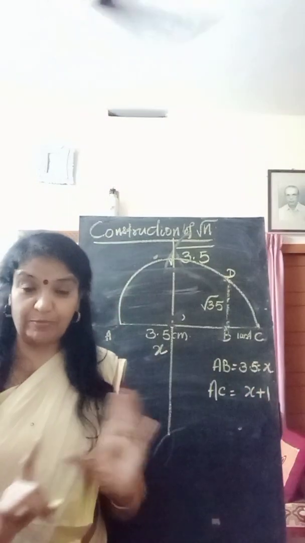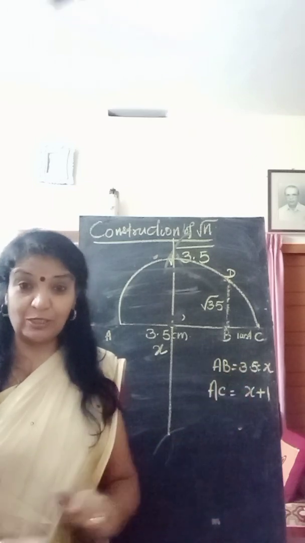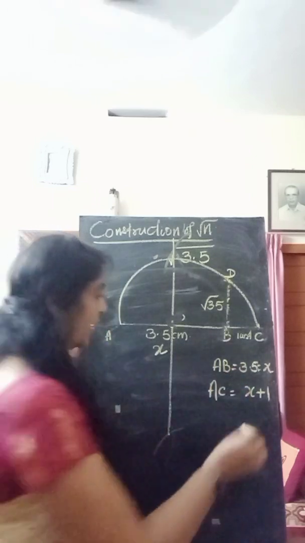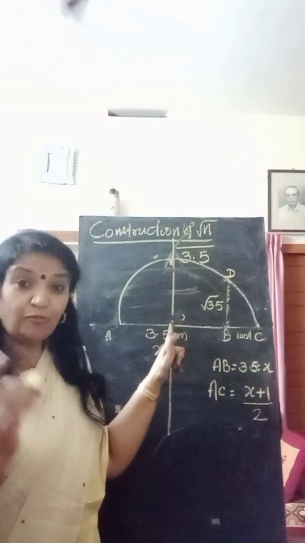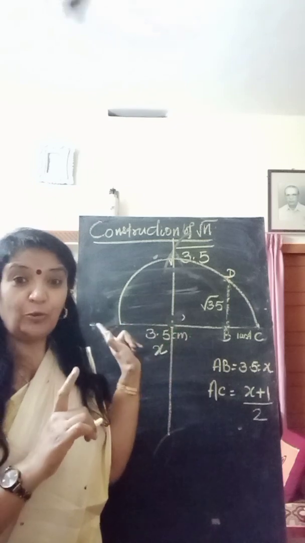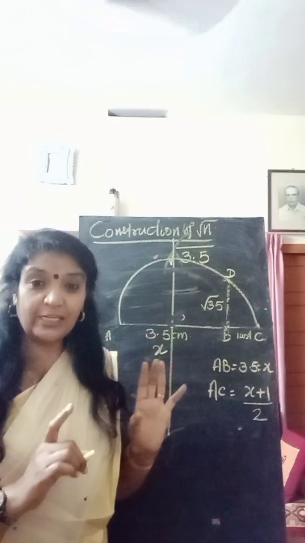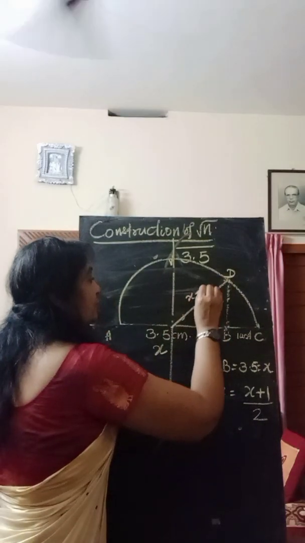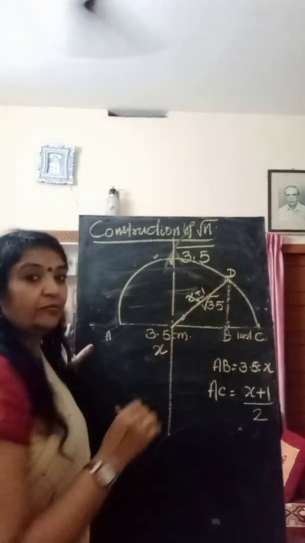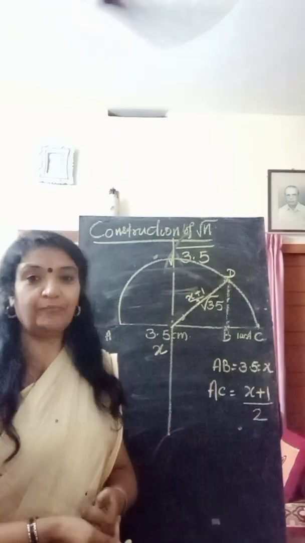What is half of that? AC full length is x plus 1. Its half is x plus 1 by 2, from midpoint to A. So OA, OC are x plus 1 by 2. OD is also x plus 1 by 2. That is our hypotenuse. Then we can apply Pythagoras theorem.